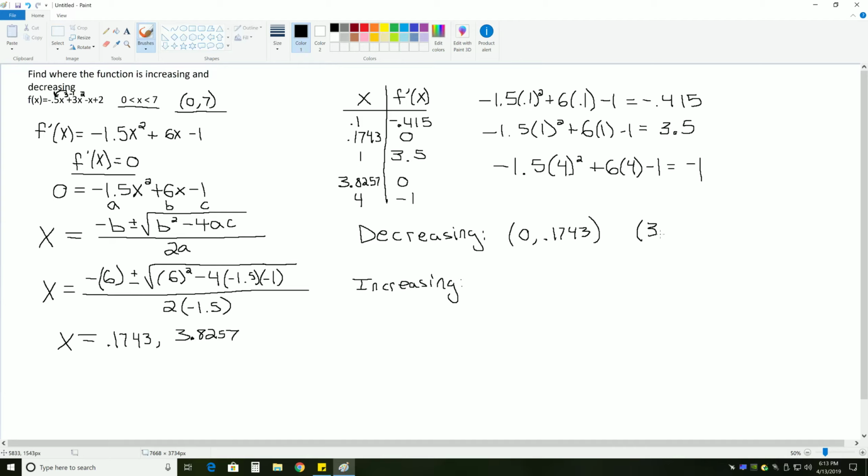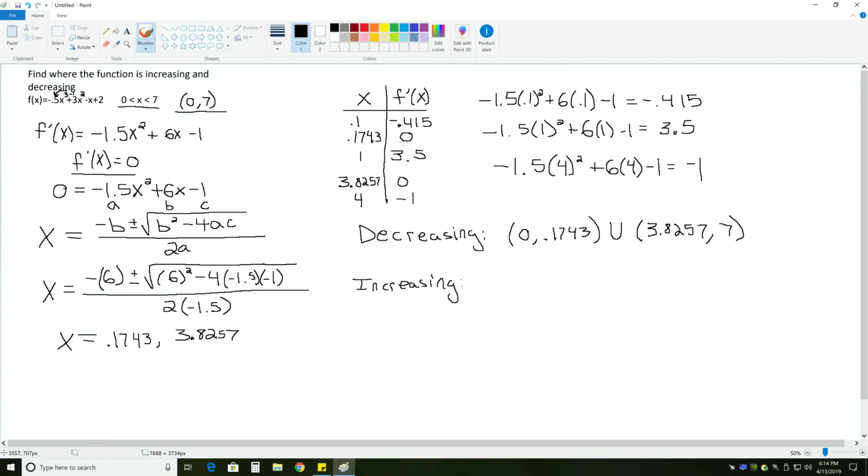So from 3.8257 all the way until we reach our limit, x equals 7, our function is also decreasing. This -1 tells us that from 3.8257 all the way to 7 will be decreasing. So because we have two separate intervals for this decreasing, we're going to put a union between them to say that on both of these intervals, our original function was decreasing.